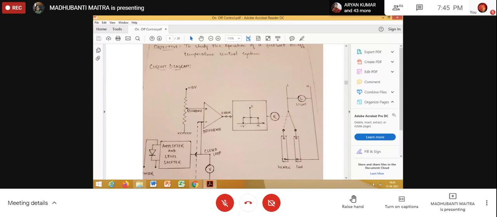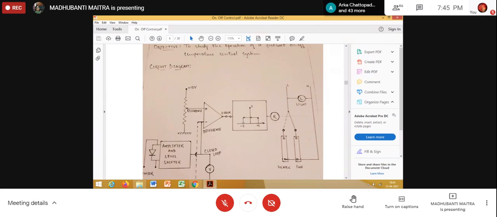Yes, ma'am. Now at this point, when the temperature of the plant is 65 degree, the difference will be 5 degree, which is greater than or equal to 5, right? So at this lower trigger point, the Schmitt trigger will change its state.